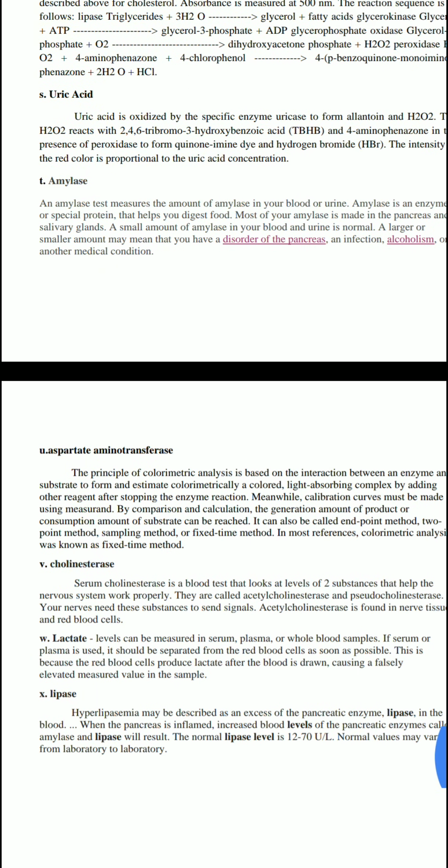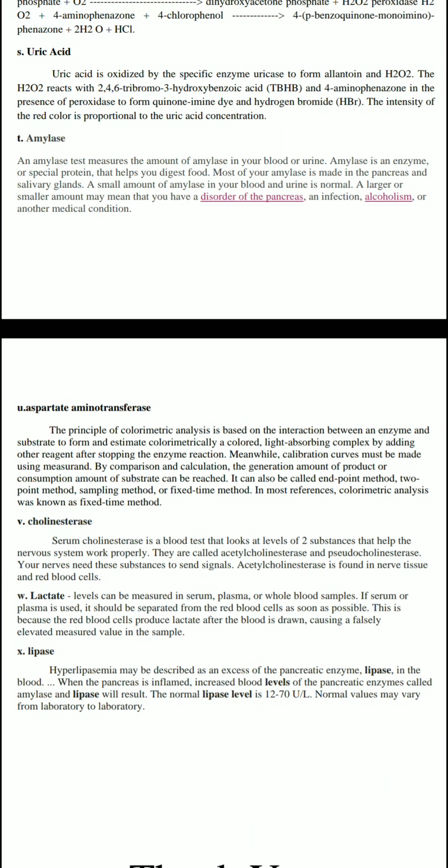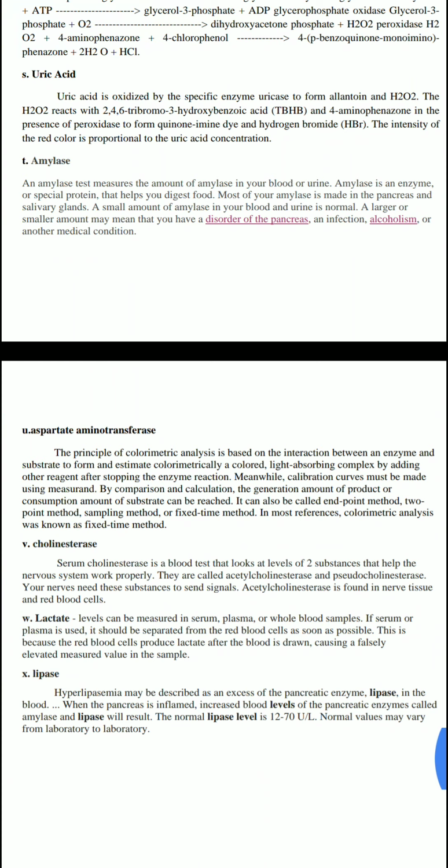Now the next test is for aspartate aminotransferase. The principle of colorimetric analysis is based on the interaction between an enzyme and substrate to form and estimate colorimetrically a colored light-absorbing complex by adding other reagents after stopping the enzyme reaction.